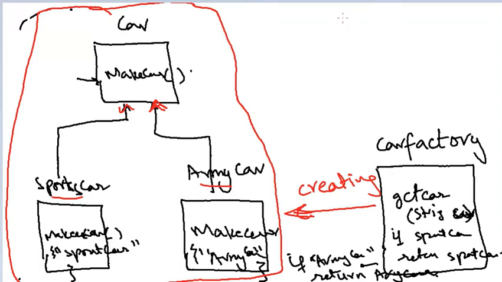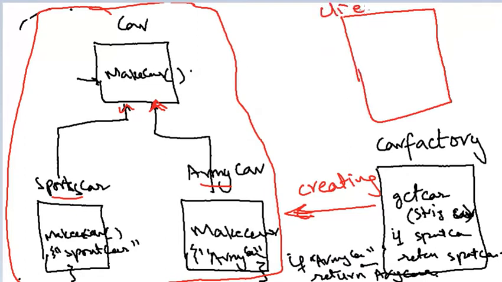Now our client class, which will have a main function, uses this car factory to create these objects.